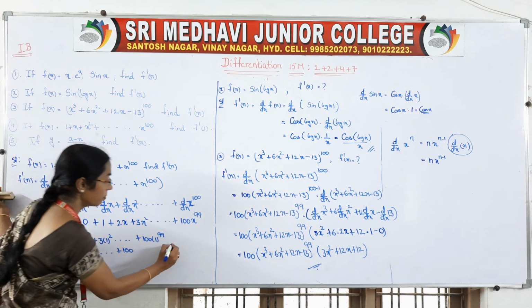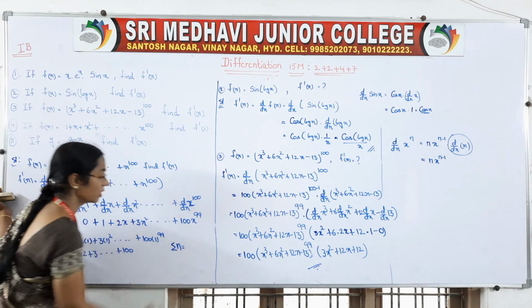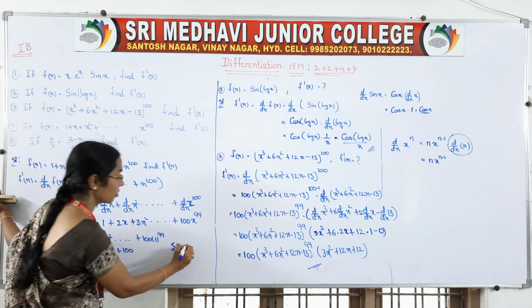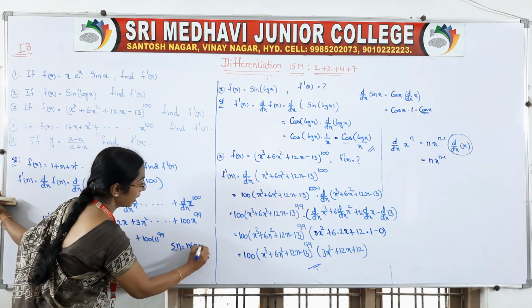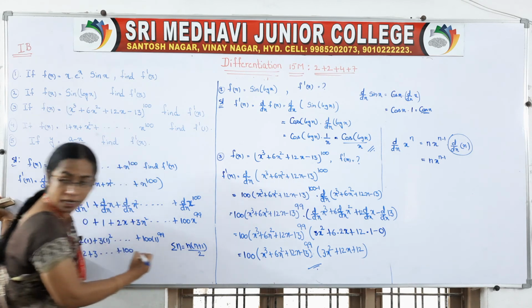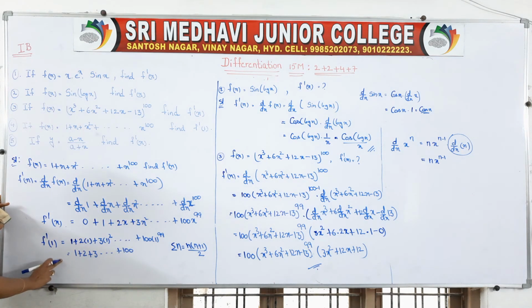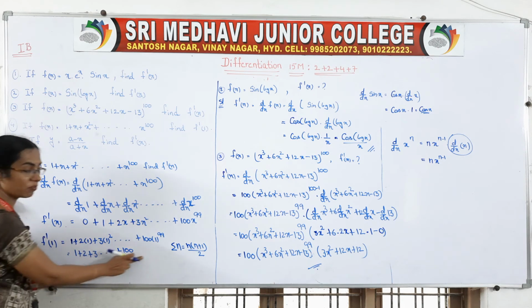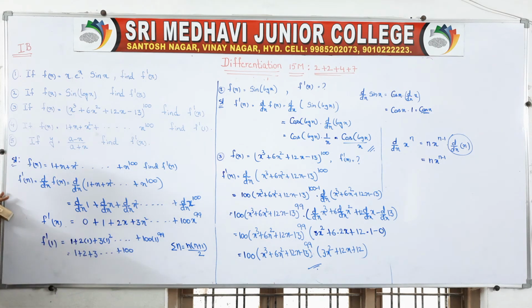So there is one formula for the sum of the natural numbers, sigma n is equal to, what is that? n into n plus 1 by 2. Okay, so here we have to find the sum of the natural numbers, where n is 100, totally 100 numbers are there.